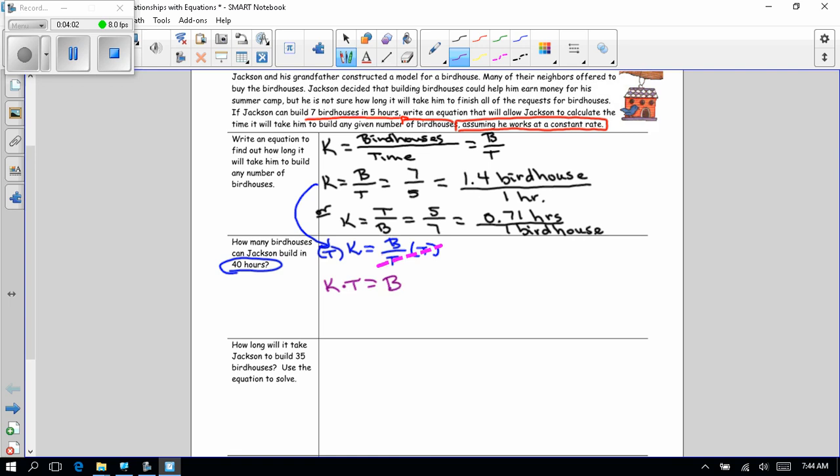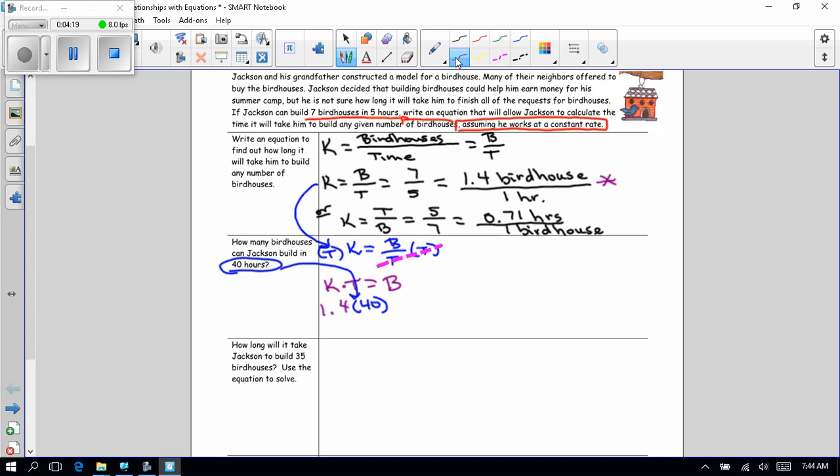Well, my constant of proportionality in that problem from up above, this one here, was 1.4. And then my time was given to me just now in the problem, so I'm going to drop that in there, times 40.